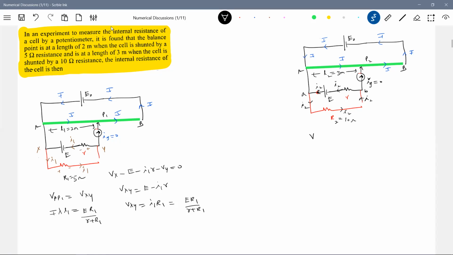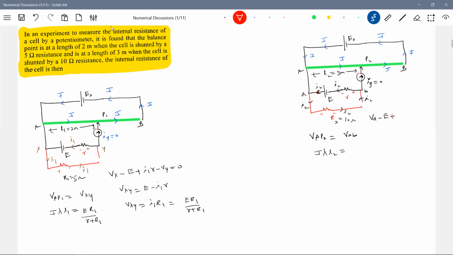Now similarly here, VAP2 should be equal to VAB. What is VAP2? I lambda L2. And what is VAB? We'll go for it again. Polarities, I'll give you the polarity. I forgot. Yeah.